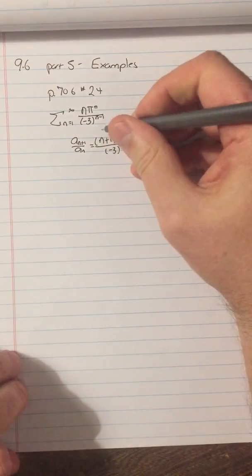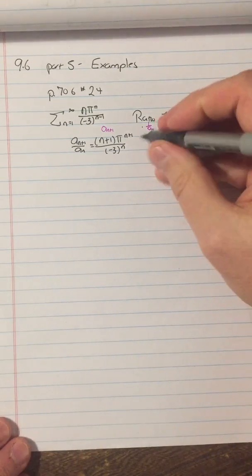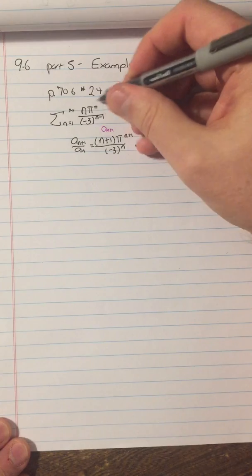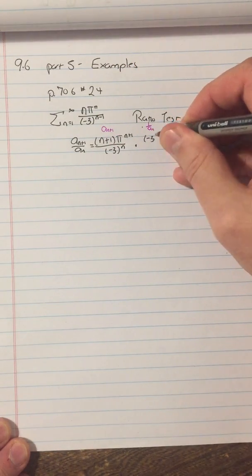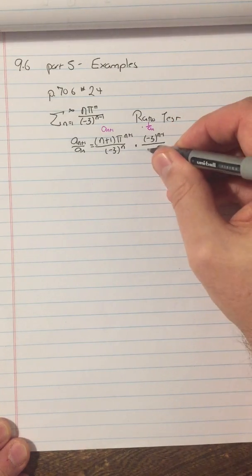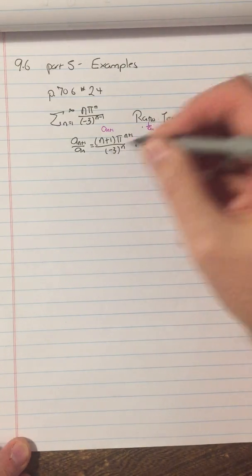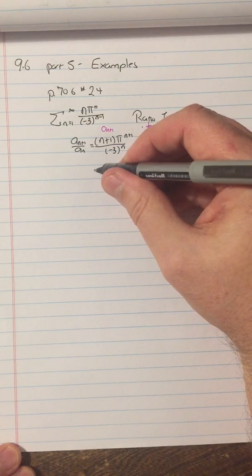So that's a sub n plus 1, and I need to multiply it by 1 over a sub n. So 1 over a sub n, I'm just going to take this as it is and flip it over. So I'm going to have negative 3 to the n minus 1 over n pi to the n. So you tend to get these things that are really messy, and that's the drawback of this. But they simplify pretty nicely.